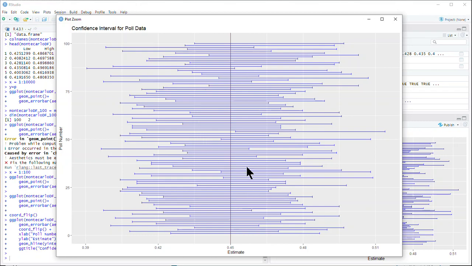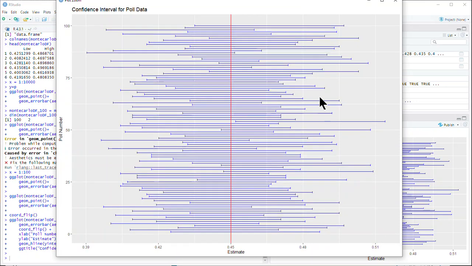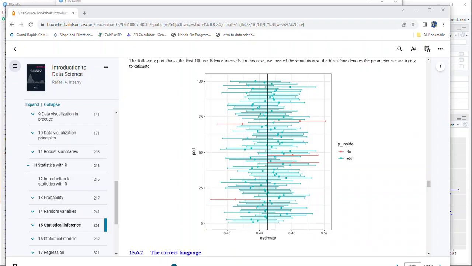Which ones are off and which ones are on. But one of the things that's interesting that our textbook author does, for those cases that are completely off, either outside to the right or outside to the left, is they change the color, right? So outside and inside, he highlights the ones that are outside as red and the ones inside as green.